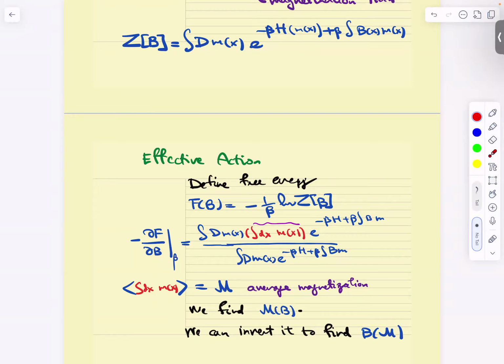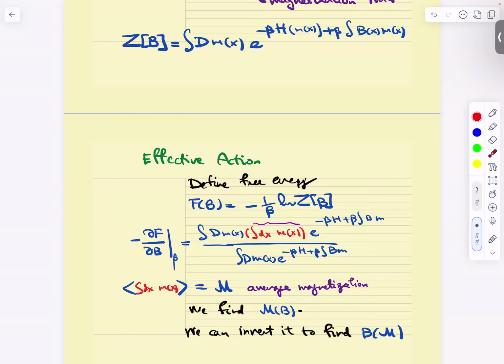Good. Now, M is like a 1-point function. It's like phi classical. B is like your source. If you wanted to view things in terms of M as opposed to B, you could just invert this function. Now you know what the response is, what is the overall magnetization as a function of the source, the magnetic field.